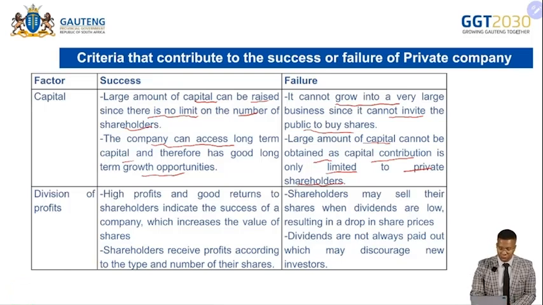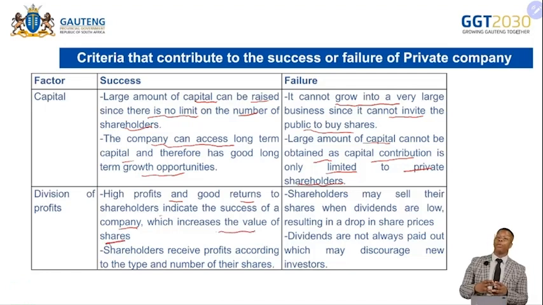And then division of profit. How is the profit going to be divided when it comes to now a private company? Remember, shareholders receive their profit in a form of dividends. So high profits and good returns to shareholders indicate the success of a company, which increases the value of their shares.